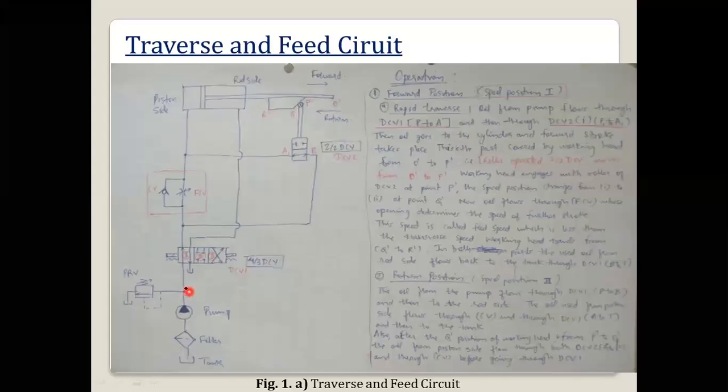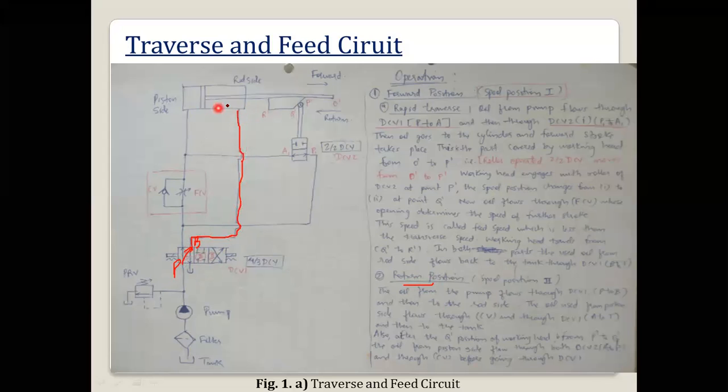So we will see how the flow goes for the return position. For the return position, the flow will be from P to B. P to B means the oil will be flowing to the rod side.